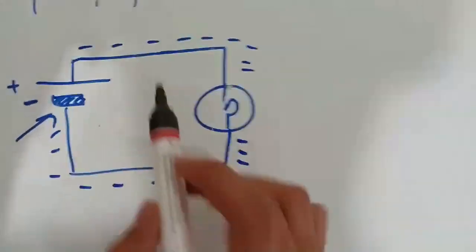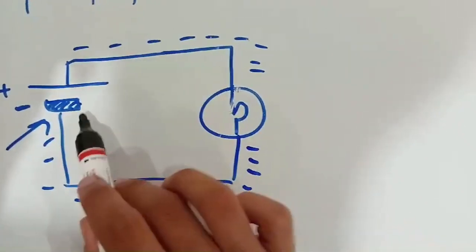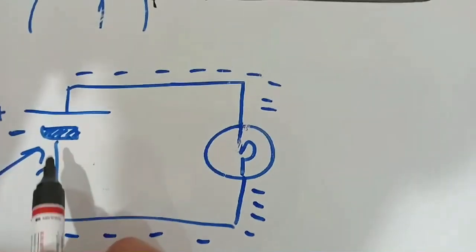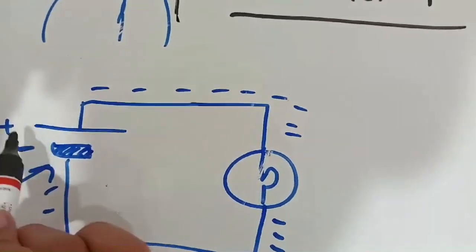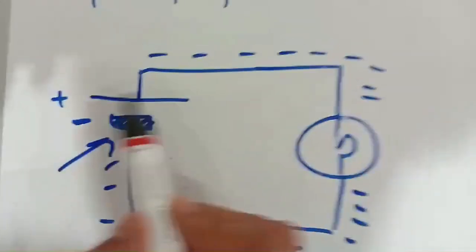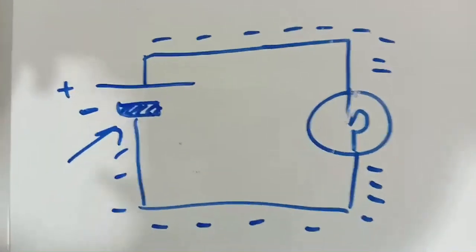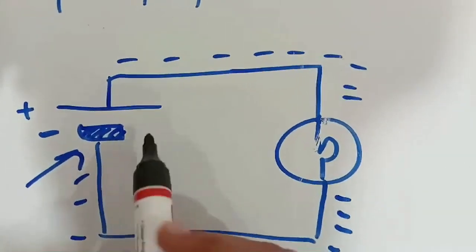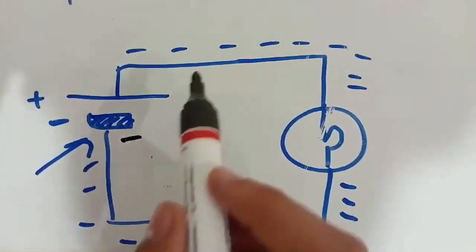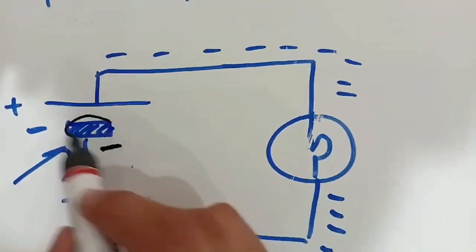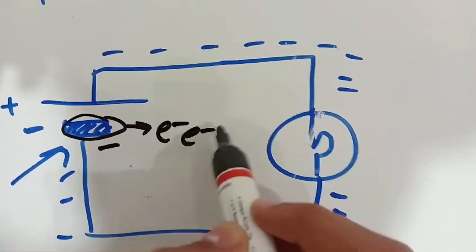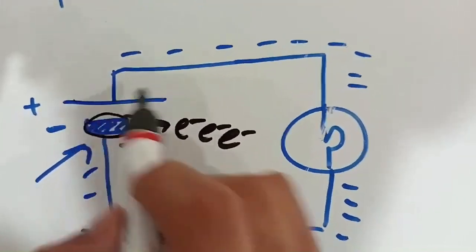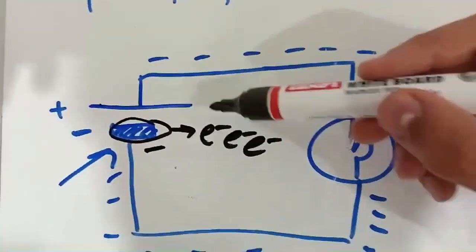So basically, imagine you have a wire with a battery and a light bulb, let's say. And how does the battery work? There's one positive side and then there's one negative side. Let's say this negative side is filled with negative charge, just filled with electrons, and this positive side is filled with positive charge, or it's going to be relatively positive.